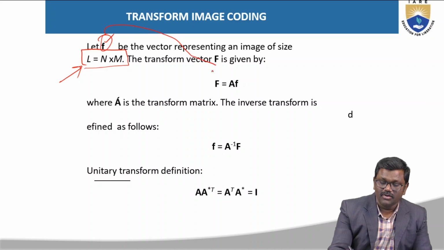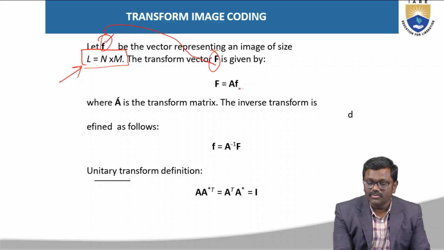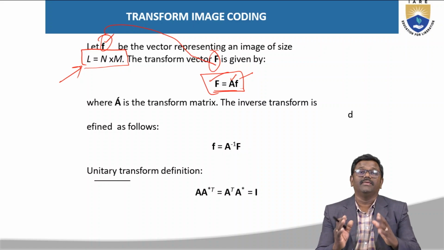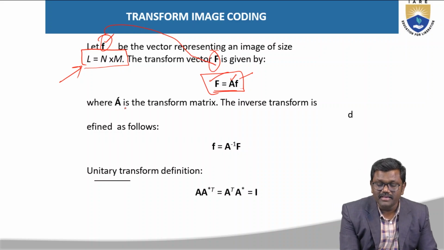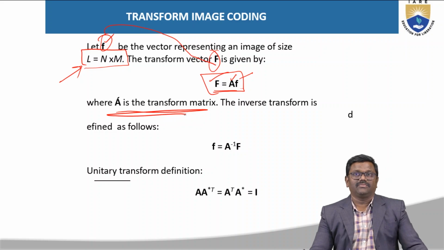After transformation, we get the capital F vector, given as F equal to A into f. What is this f? It is your vector representation. What is this A? It is your coefficient values which help us in terms of the total content of an image in terms of a matrix. That I simply write here, where A is the transformation matrix.